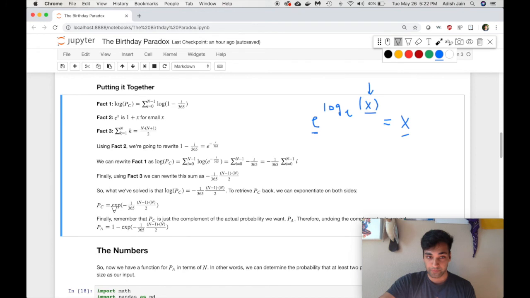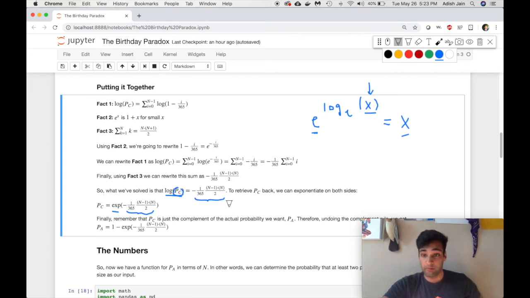So by exponentiating on the left, we simply get PC, right? So I'm just saying e raised to the power of whatever is on both sides. And then on the right, we basically have e to the power of all of this, right? And all of this was just what was on the right-hand side there.